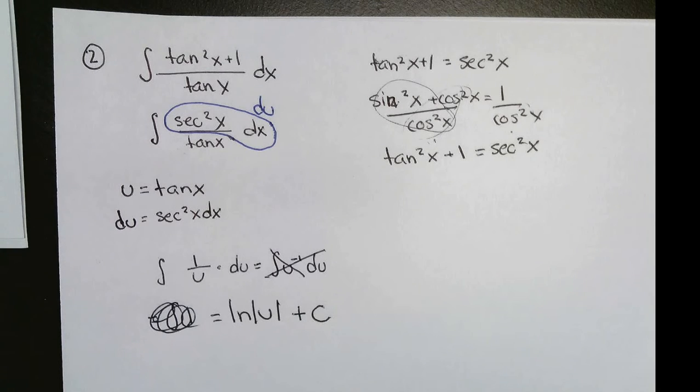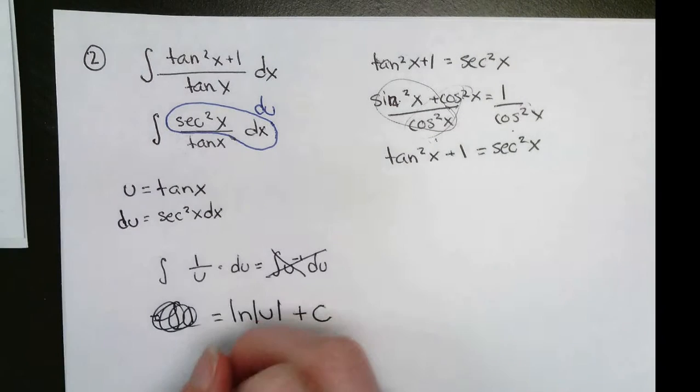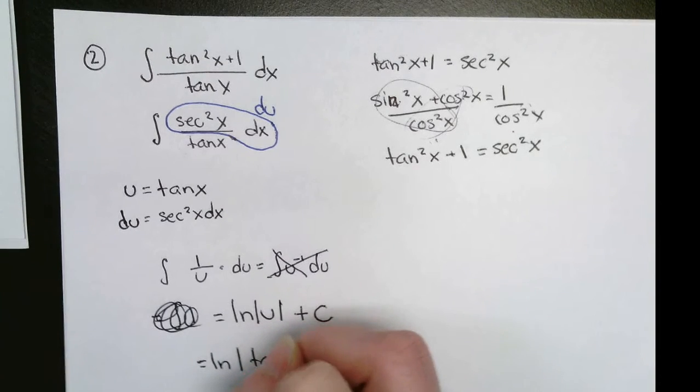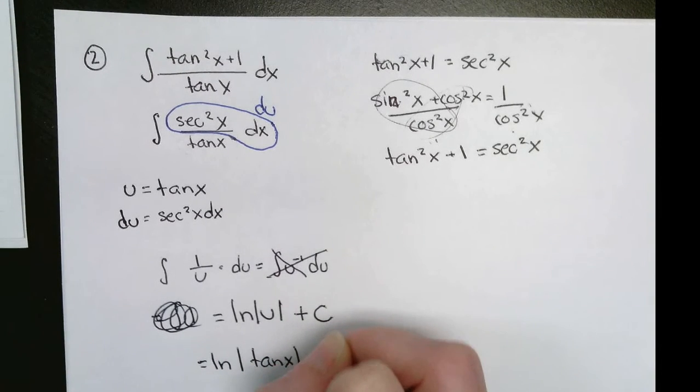Okay, natural log of u plus c. Now we go back and we plug our u back in. So this is going to be equal to the natural log of the absolute value of tan x plus c.